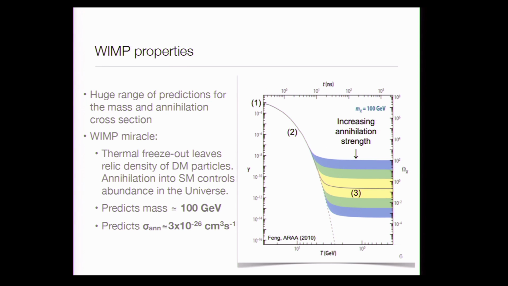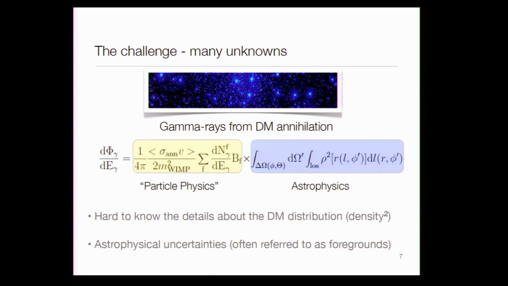Okay, I said that. So the problem is, of course, that the gamma rays from dark matter annihilation have 2 components. So if you want to predict the number of gamma rays per energy bin that you get out, you have 2 factors. There's a particle physics factor that has all the cross-sections and the branching ratios, etc. in it.